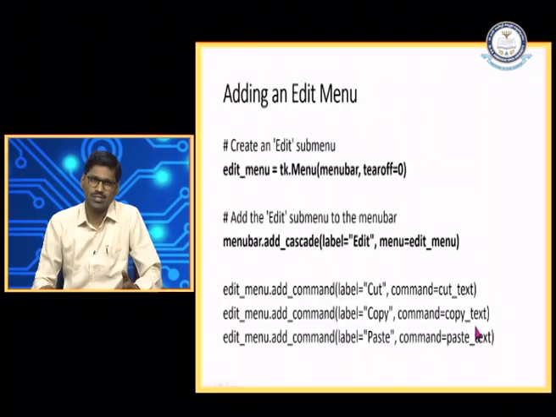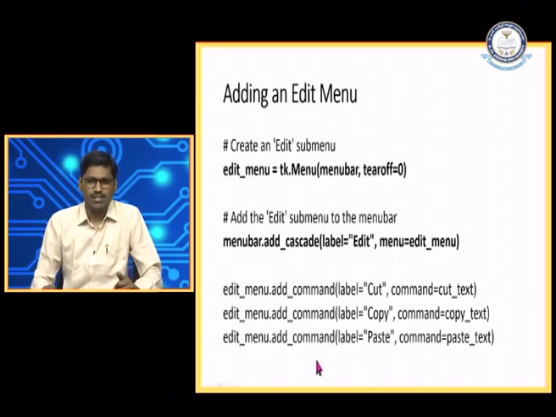And in the same way, edit menu dot add underscore command, this is about copy, the displayed text is copy, and that action should be implemented whenever the user selects and copies, that should be copied to the clipboard of the particular system. For that we need to use this code, command assignment copy underscore text, and automatically that selected text will be copied to the clipboard.